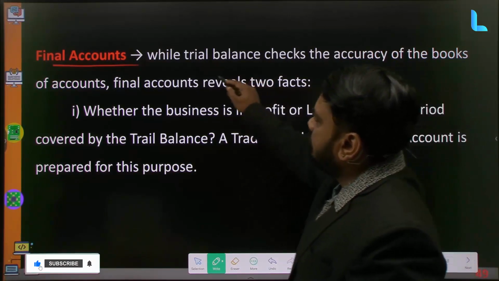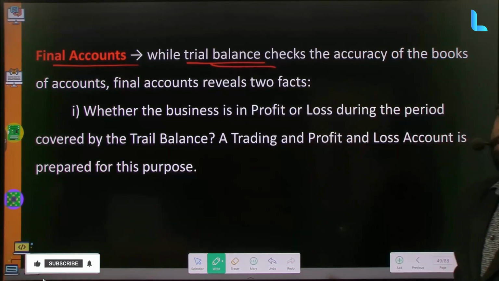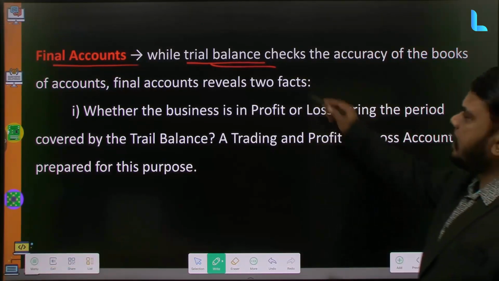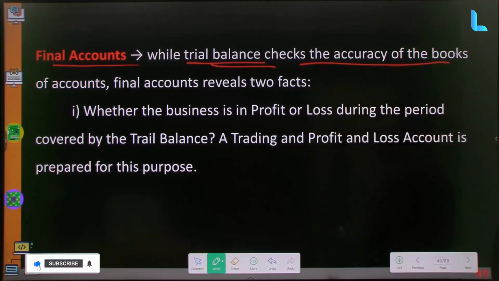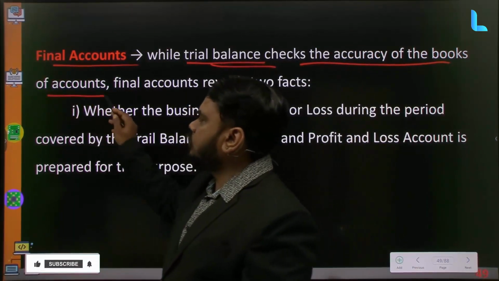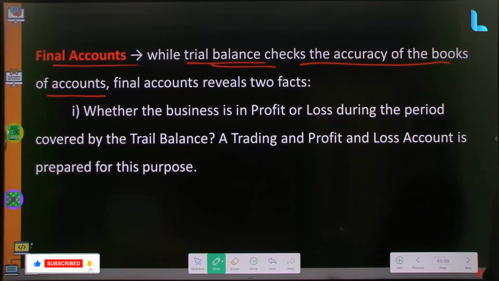After we prepare the trial balance, using the trial balance and the various accounting formulas and rules, we are supposed to prepare the financial statements of accounts, that is balance sheet and profit and loss account. Here the trial balance checks the accuracy of all the book entries. Whatever entry we have done in the different books of entries or the ledgers, the trial balance is going to help us to check that accuracy.